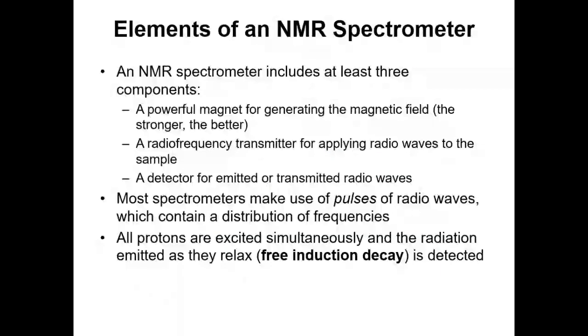So for a real NMR spectrometer, you always need a very powerful magnet to generate the magnetic field. The stronger the field is, the better the instrument is. Even for a middle range instrument, you will need a magnetic field of more than several Tesla, probably at least 10 Tesla.